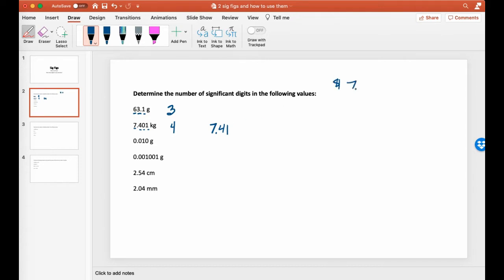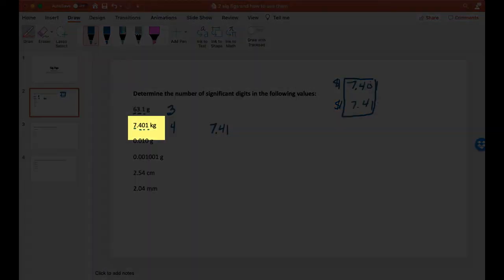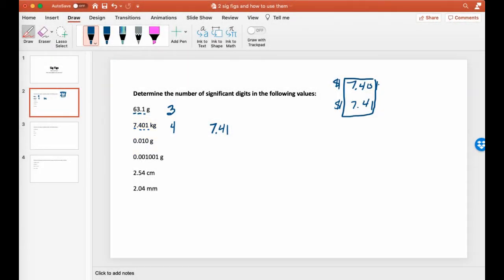If you had $7.401 versus $7.41 because you left that 0 out. Now I know that's only a difference of 1 penny, but if a million people purchase something, those pennies begin to add up. So you can see that this 0 is significant because it pushes this other number off to the side.